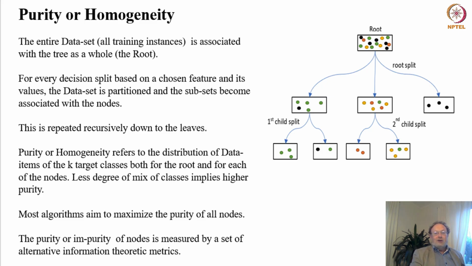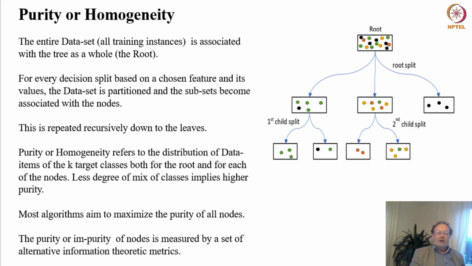But if you have an even mix, an even balance of all the classes involved, if you have two classes, you can say you have 50-50. If you have three classes, you're 1/3, 1/3, 1/3.